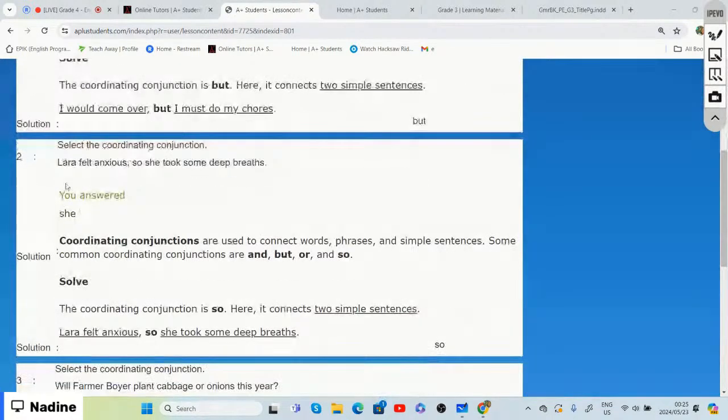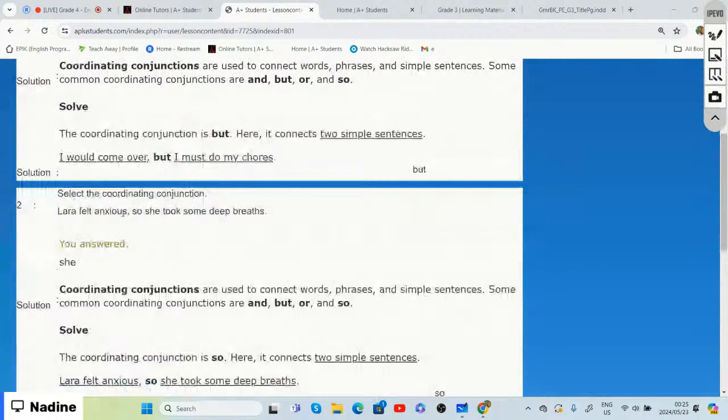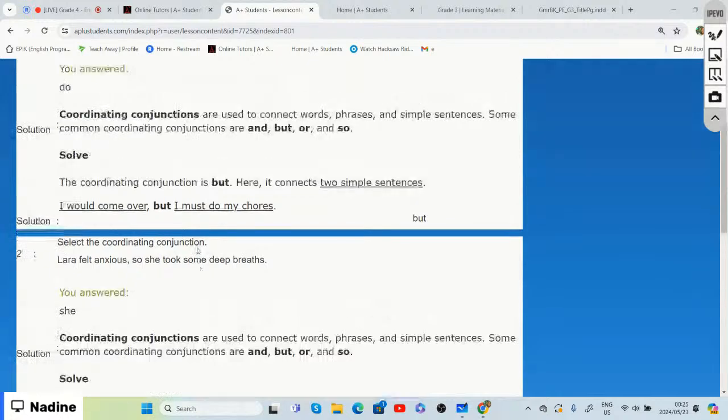Here it says, Laura felt anxious, so she took some deep breaths. What is the coordinating conjunction within that sentence?